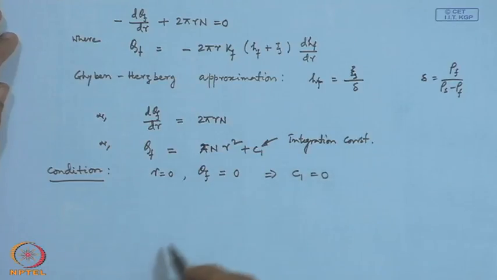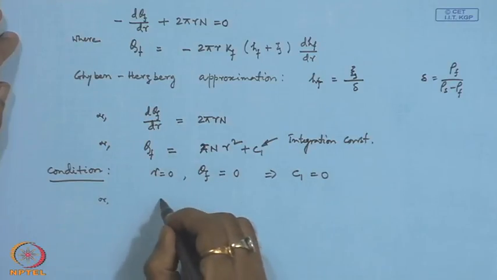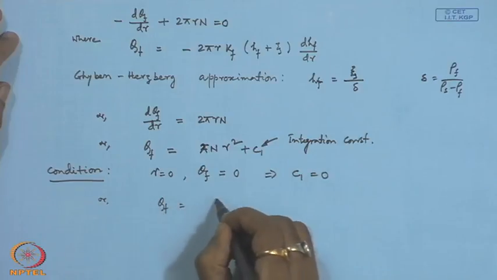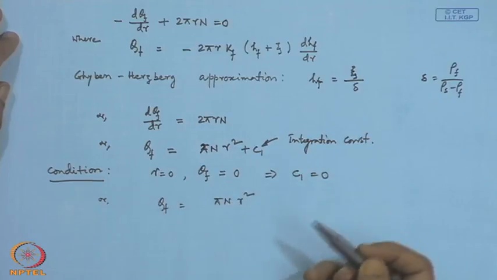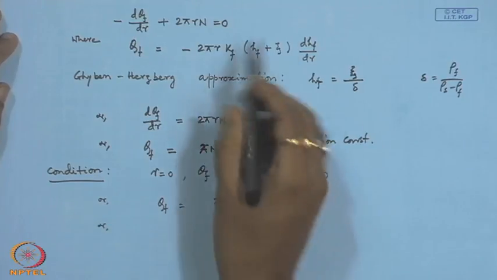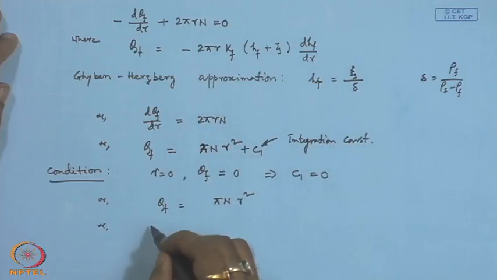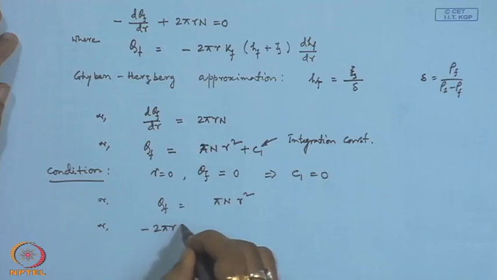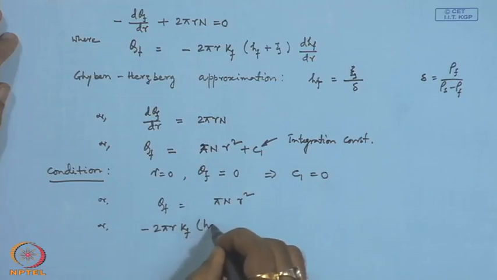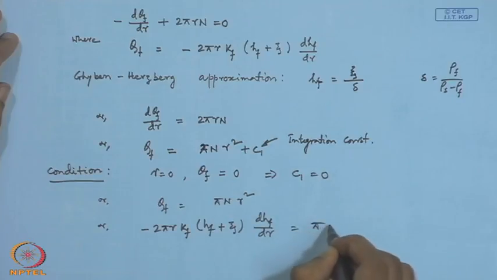So, thus we can write our equation as Qf equals to pi n r square, and we can again replace our Qf from our previous relationship as 2 pi r Kf (Hf plus xi) dHf by dr equals to pi n r square.